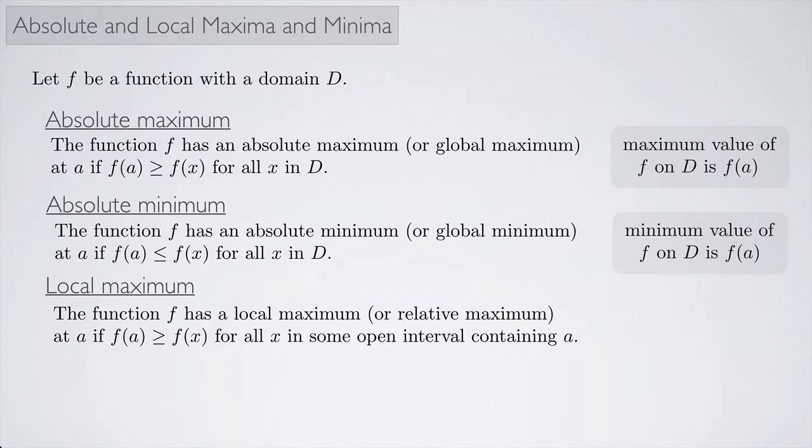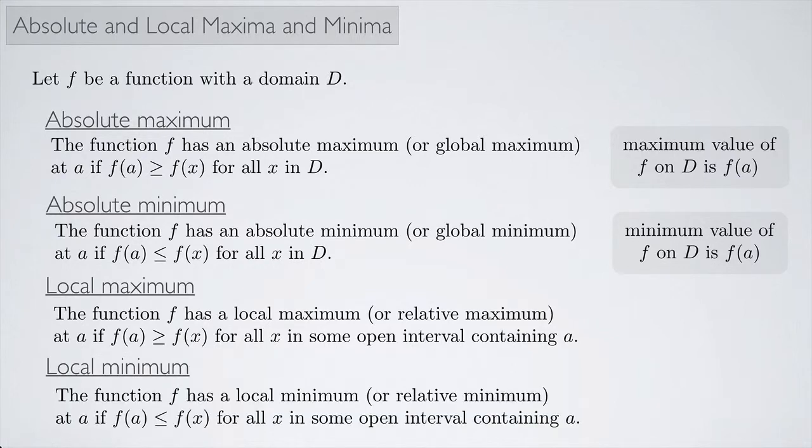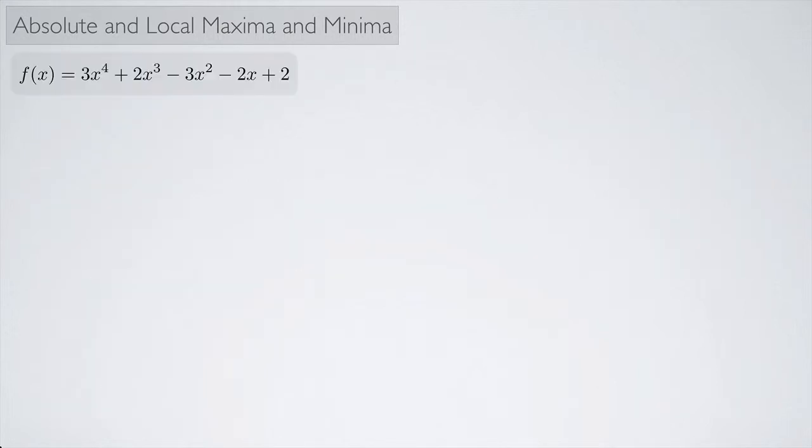That just means nearby a, it looks like a maximum. And a local minimum, similar definition, the function f has a local minimum or a relative minimum at a if f of a is less than or equal to f of x for all x in some open interval containing a. Okay, so let's look at an example.